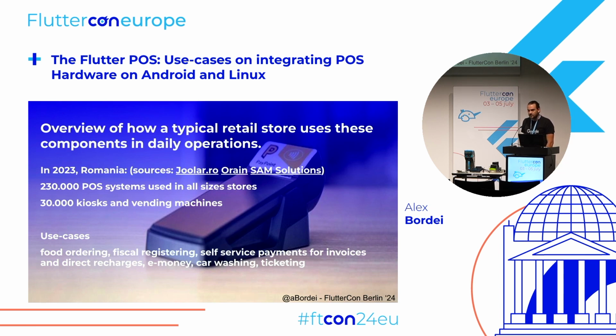By kiosk, we are mainly discussing self-service terminals in which people are ordering food or paying their invoices or charging their prepaid cards. So use cases: food ordering, fiscal registering, self-service payments for invoicing and direct recharges, e-money, car washing, and ticketing. This is the market that was analyzed.